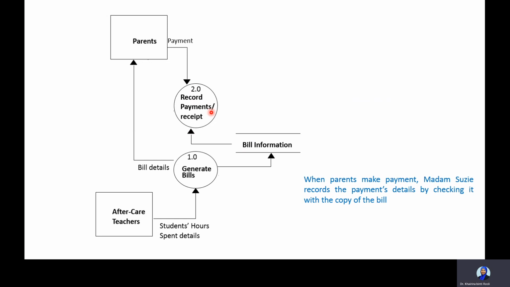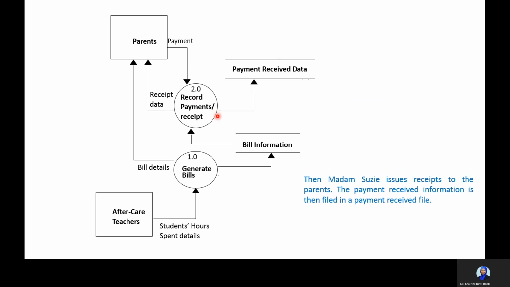Okay, next one. Madam Susie issues the receipt. After she records the payment, she prepares the receipt and issues it to the parents. The data is receipt data, and the flow goes to the parents.